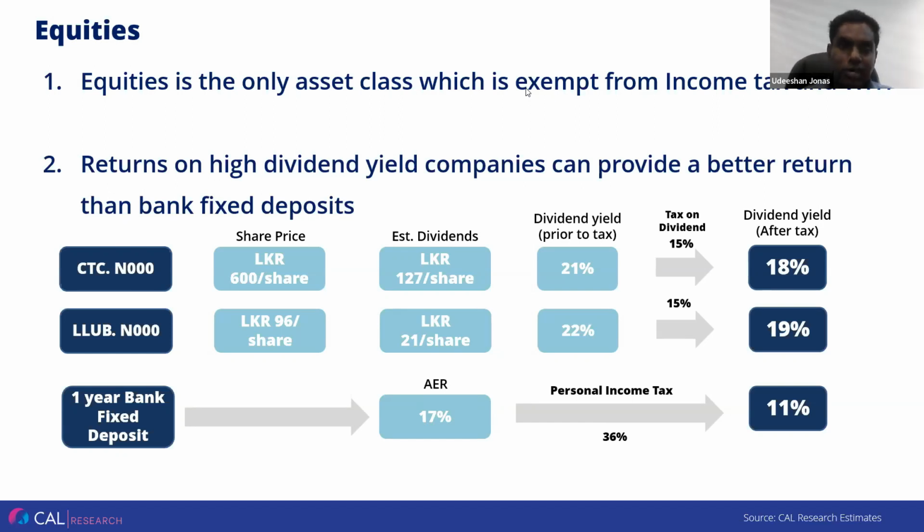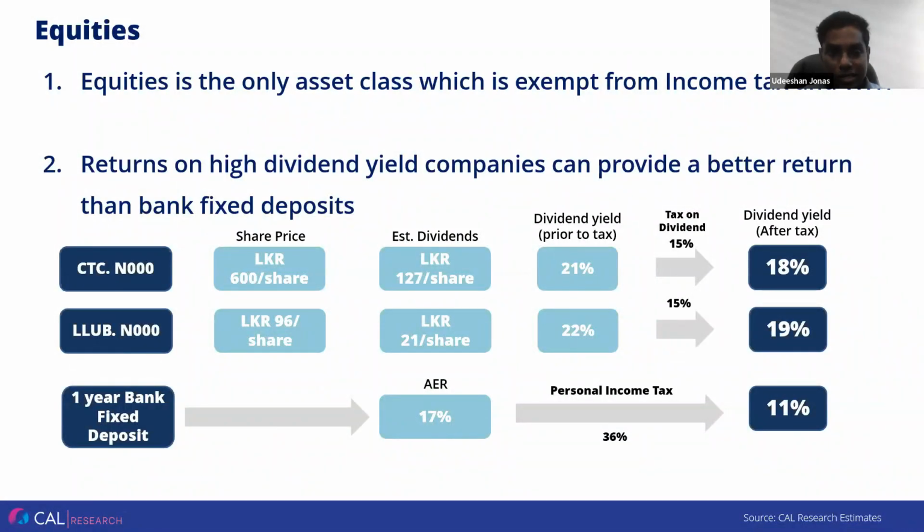The good thing is that when it comes to dividends, you only have to pay a 15% tax liability. So dividends will only be taxed at 15% compared to paying 36% as personal income tax in your file. If we take Ceylon Tobacco as an example, we are looking at roughly 120 rupees a share as dividend for next year, which converts into a yield of 21%.